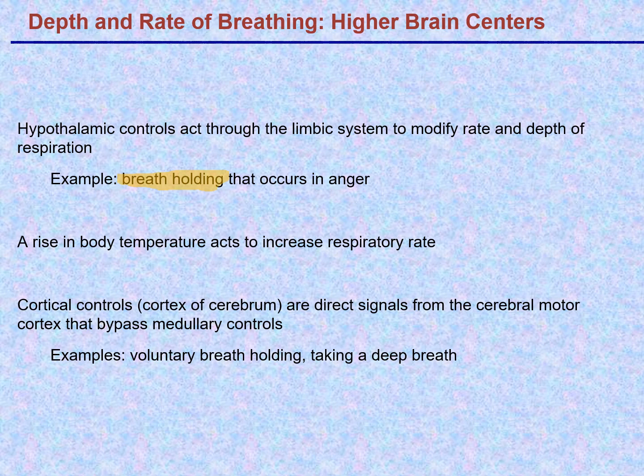A rise in body temperature, which wasn't on the graph in the figure before, can also cause an increased respiration rate. The cortex of the cerebrum, as I told you, can override everything. You can bypass all the medullary controls of the respiratory centers in the medulla and voluntarily hold your breath or take a deep breath or increase your breathing rate or slow it down. Okay.